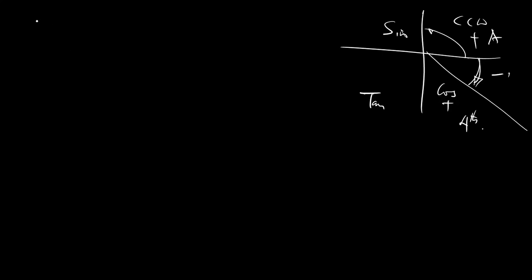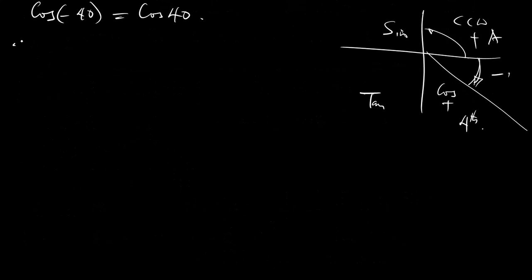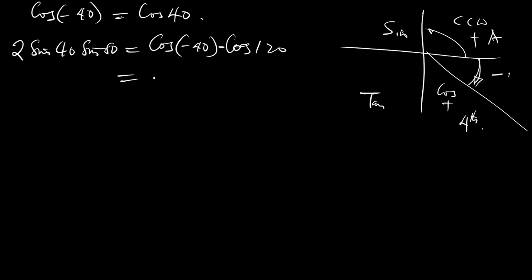So cos(minus 40) is equal to cos 40. It now implies that 2 sine 40 sine 80 is equal to cos 40 minus cos 120.